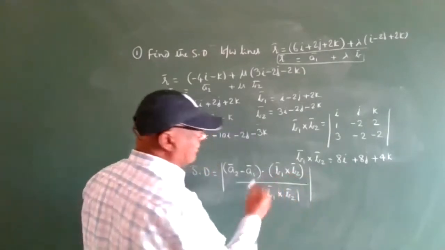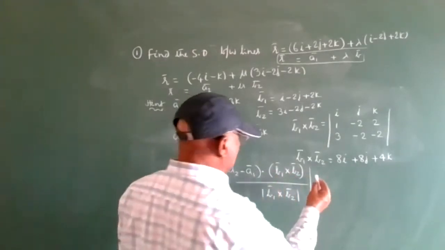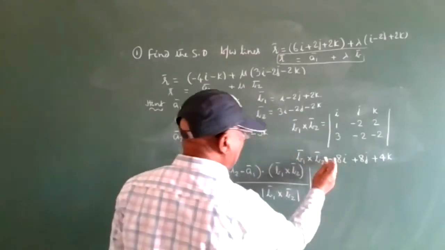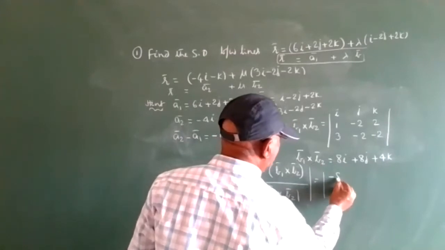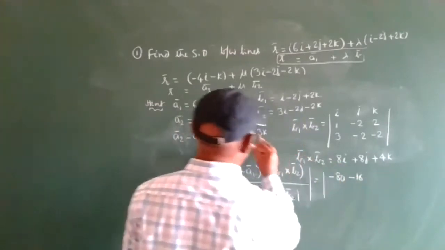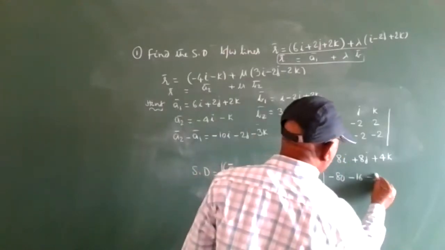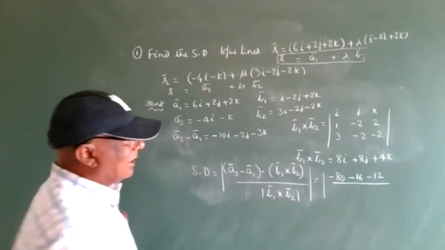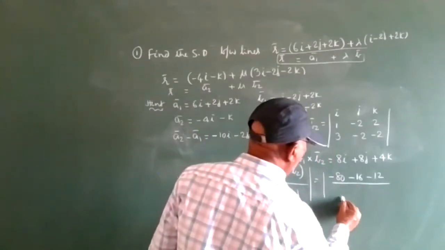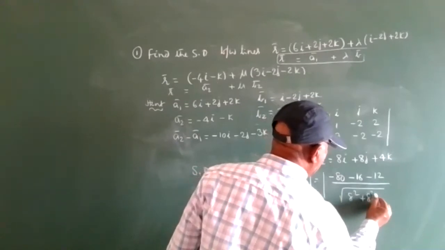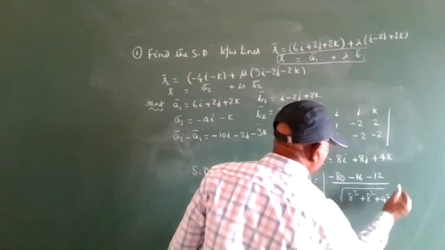First the dot product: minus 10 into minus 8, next minus 16, minus 16, minus 12, divided by its modulus value, which is the root of 8 square plus 8 square plus 4 square.